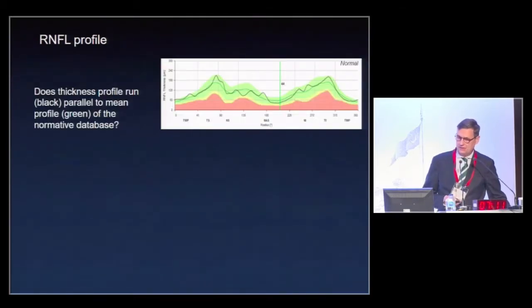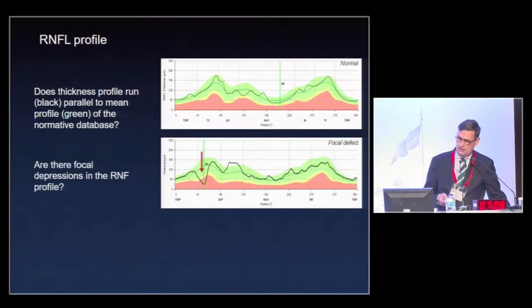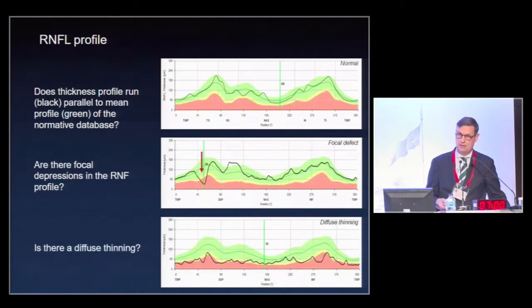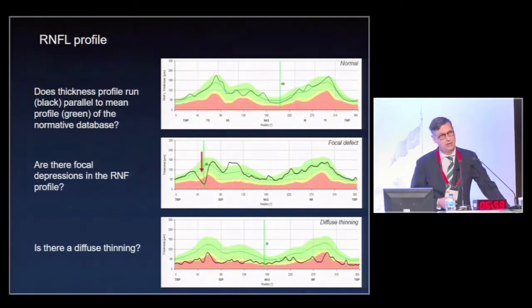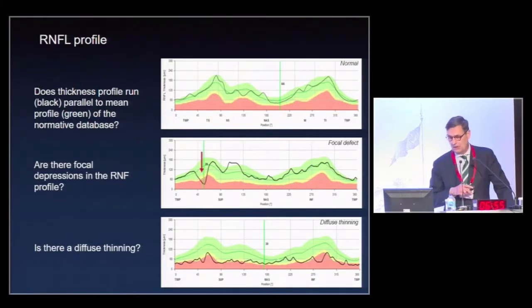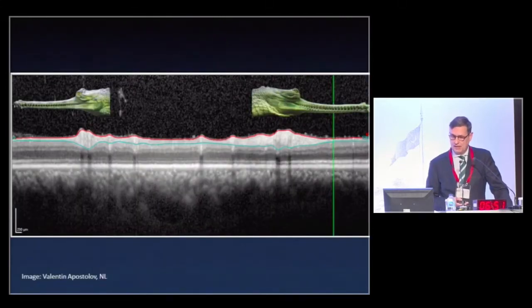And if this profile gets notches when nerve fiber layer is lost, it can be a first sign for glaucoma, or if you have a diffuse loss of nerve fiber layer, the whole double hump pattern becomes a flat line. So sometimes it reminds us of such a crocodile face on the left-hand and right-hand side. It's an image from a colleague in the Netherlands, when the retinal nerve fiber layer thins in glaucoma.